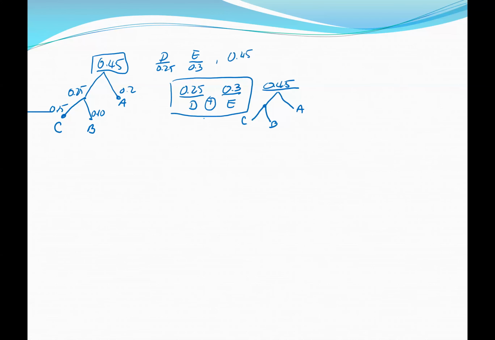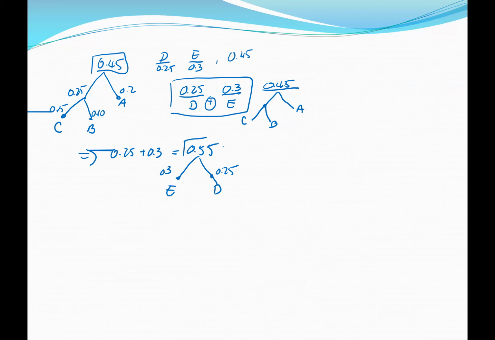So you're gonna plus that. So you get 0.25 plus 0.3. So that gives us 0.55. And what does this 0.55 contain? 0.55 contains 0.3 and 0.25, which is E and D. Remember, the larger item is on the right hand side.